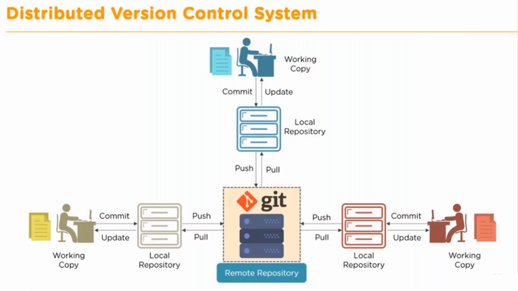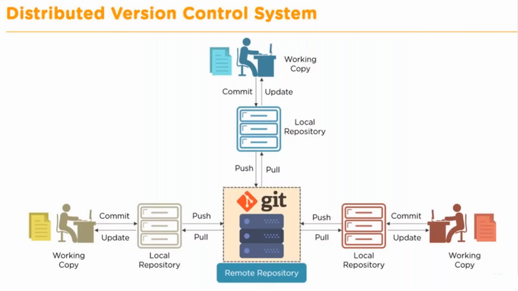Using this mechanism, I can have parallelism. I can have multiple users working in parallel, not bothering each other, while also maintaining data consistency, because whatever work you do, the requirement is that at the end of the day you have to push the latest code to Git.